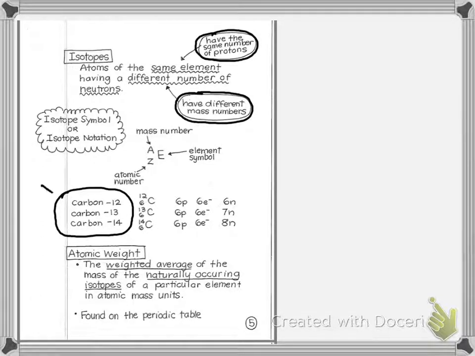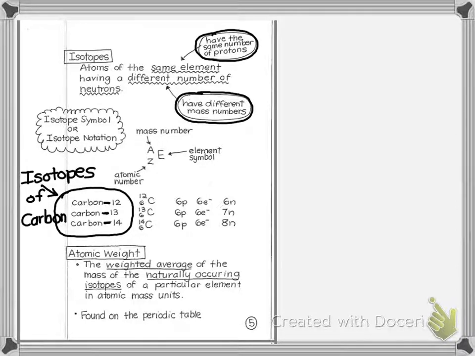These are isotopes of carbon. When we look at all three of them, they're carbon. That line right there is a dash.